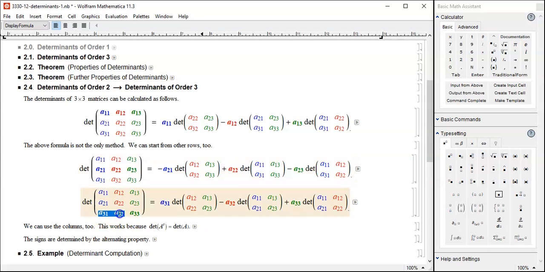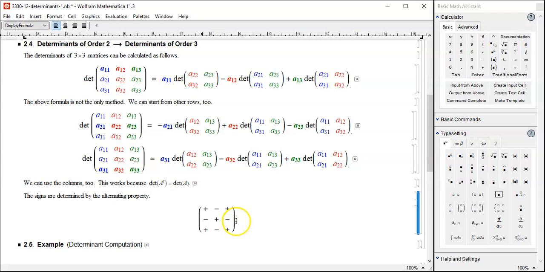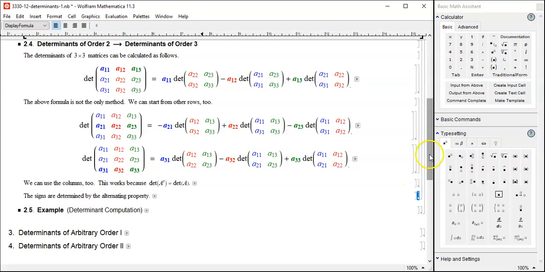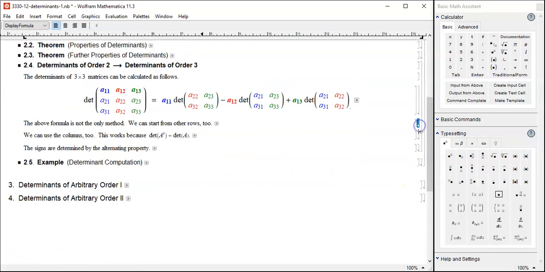Now if I use the third row, please note that this is plus, minus, plus, because we begin with plus. Next we have minus, minus, and then plus. So we start from plus. Here's a summary. You see, alternating signs. Not only that, we can do the same thing to columns as well.